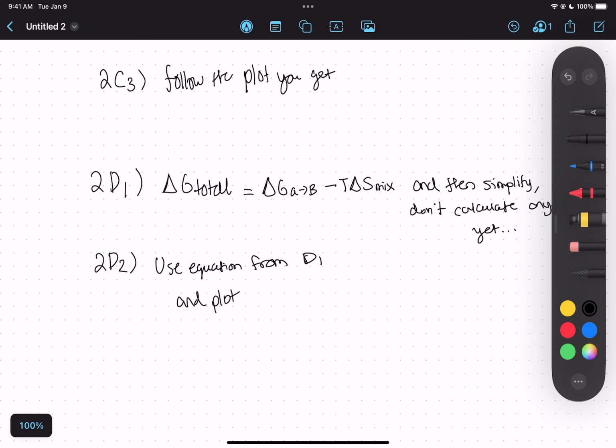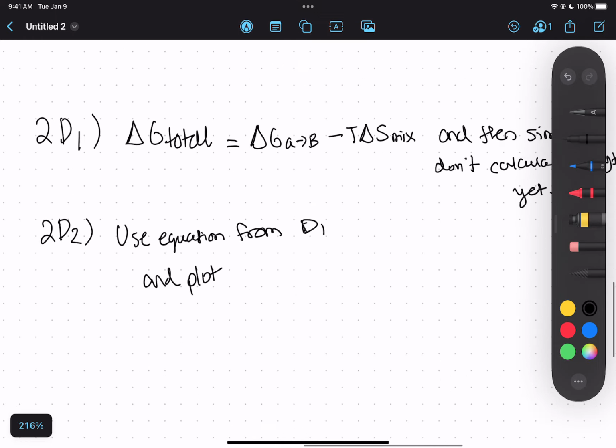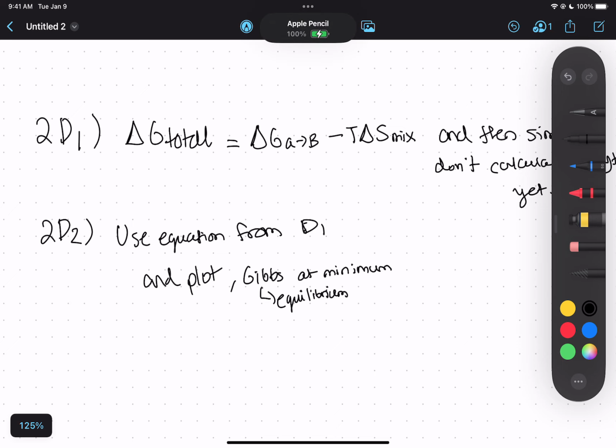We determined that from before. So Gibbs at min, that's your equilibrium. So that is effectively the steps that you need to take.